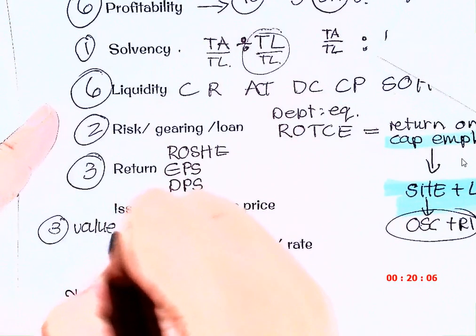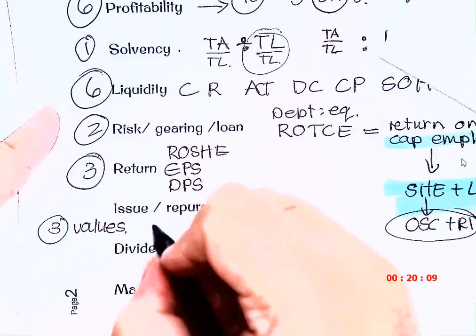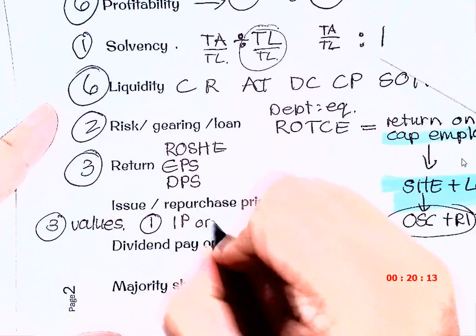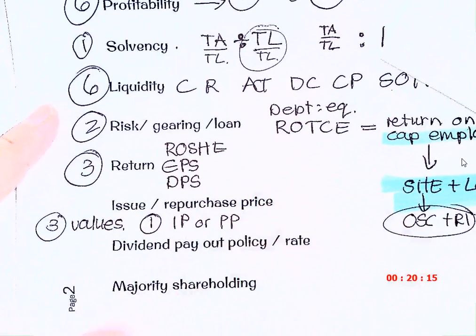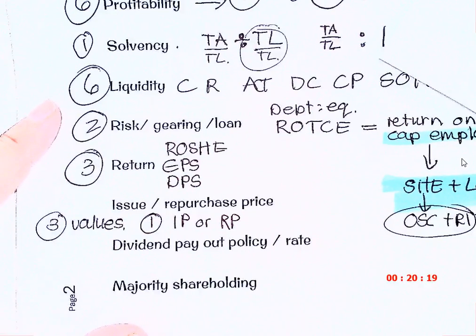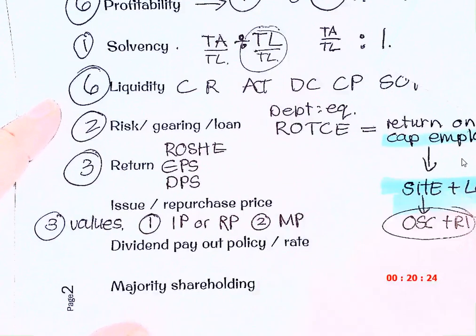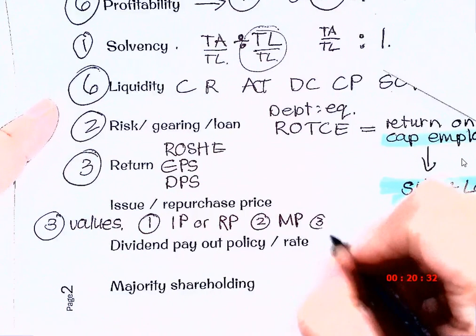Number one, your issue price or your repurchase price. The second value is your market price. What is your market price? It's the price on the JSE. It's your supply and demand price. And the third one is your NAV.